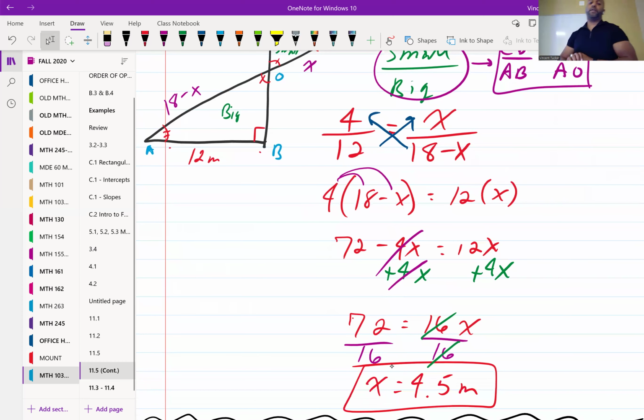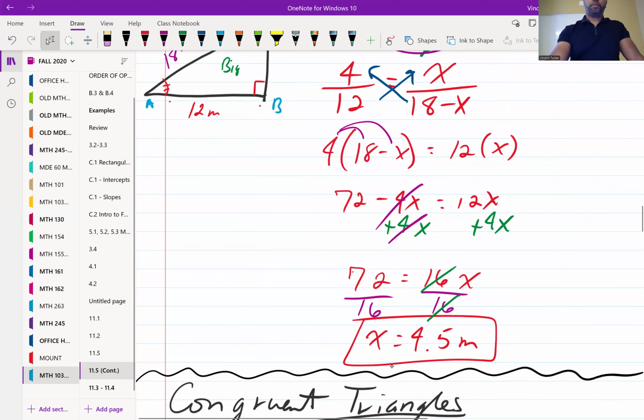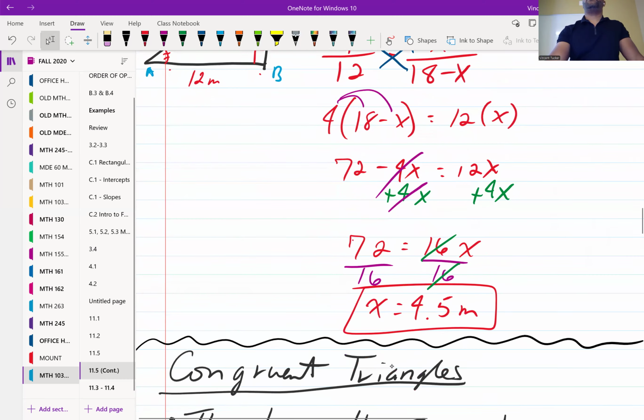Add 4X to both sides, and that gives you 72 equal to 16X. Then divide by 16, and X is equal to 4.5. All right. Very good.